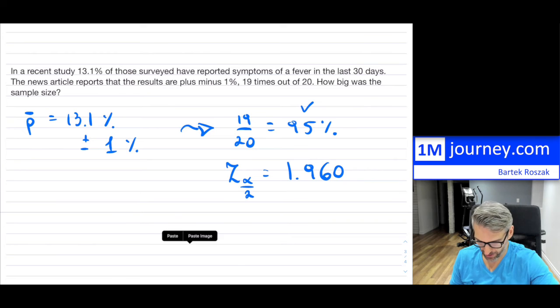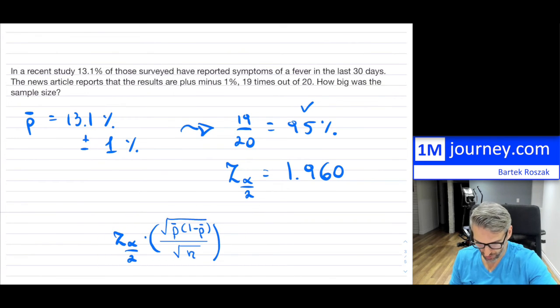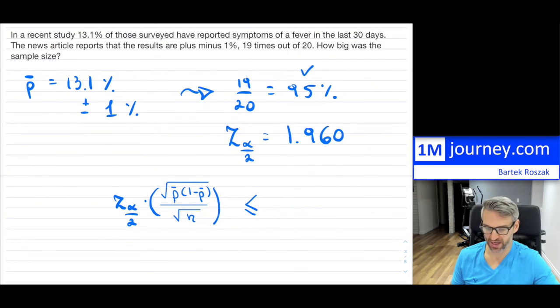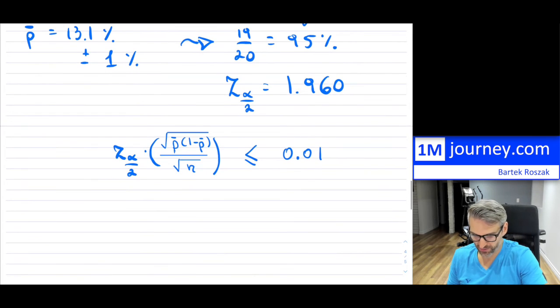Now I want to substitute it back into here. I want this error to be less than or equal to 1%, so I'm going to change 1% to a decimal and substitute the whole thing.